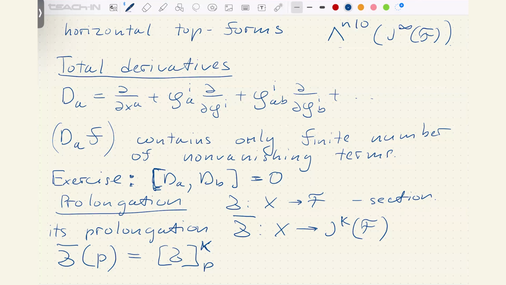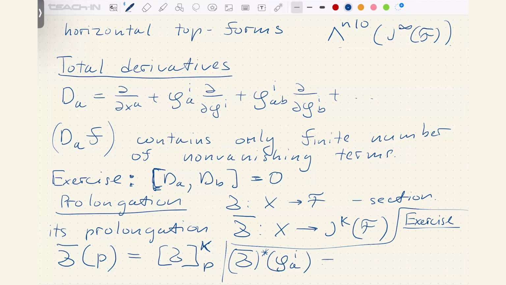So in particular, let me also phrase it as an exercise, a simple exercise, just to make sure we understand what's going on. If we compute sigma bar star, the pullback of a coordinate function, which is, for instance, φ^i_A, we are going to get nothing but ∂/∂x^A of sigma star of φ^i, right?